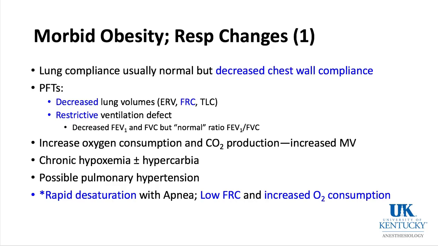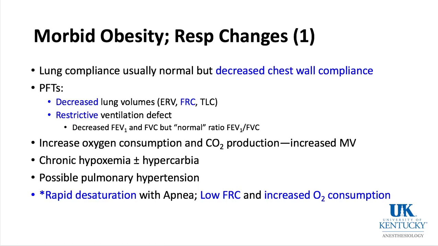So they have a restrictive-like ventilation defect such that the ratio of FEV1 to FVC remains greater than 80%. Their FEV1 is decreased, their FVC is decreased, but if you look at the ratio of FEV1 over FVC, it is greater than 80%. But because they're both decreased, we say that is a restrictive ventilation defect.